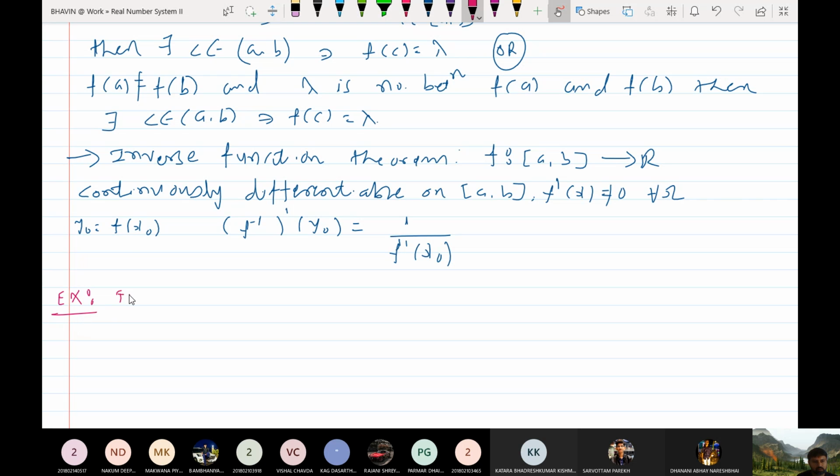For n belongs to N, and suppose n is odd, and let me define function f from R to R by f(x) equal to x raised to n. This is a polynomial function.